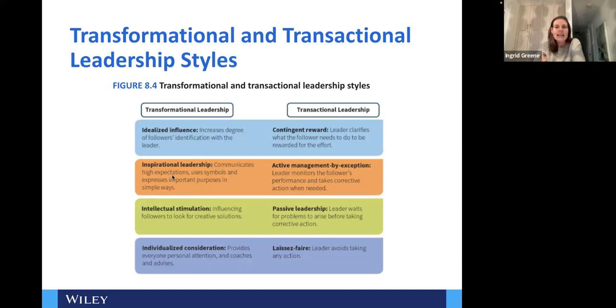They're much more engaged in the day-to-day work of the follower, influencing followers to look for creative solutions rather than the leader waiting for problems to arise before taking corrective action. And then the last one here is providing everyone personal attention, coaching and advising, versus laissez-faire, where the leader avoids taking any action until absolutely needed. As we can see, hopefully most of your managers have been on this side.